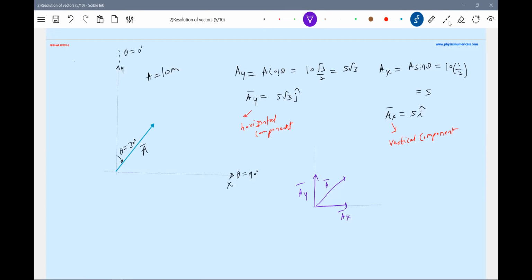So again, rewrite in vector form: AX bar, AY bar, and this is the resultant A bar, which was making angle theta with the y-axis. So then vector A bar equals AX bar plus AY bar, in a similar fashion. This should be equal to 5 I cap, 5 root 3 J cap.